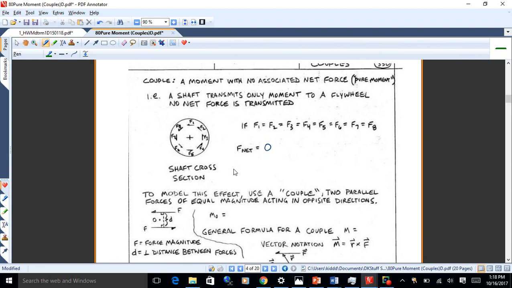I just show 8 here, so I've got F1 going that way, and then I've got F5 going the other way. They make up a pair that is twisting counterclockwise, so there is a moment associated with those, but the force cancels out. For every one I've got on one side, I've got a force going the other direction on the other of equal magnitude. So everything cancels out as far as the forces.